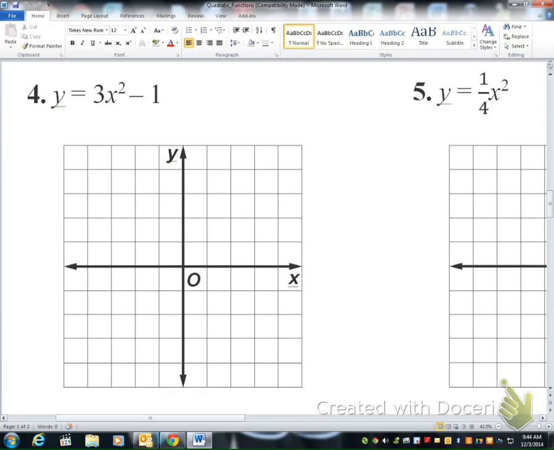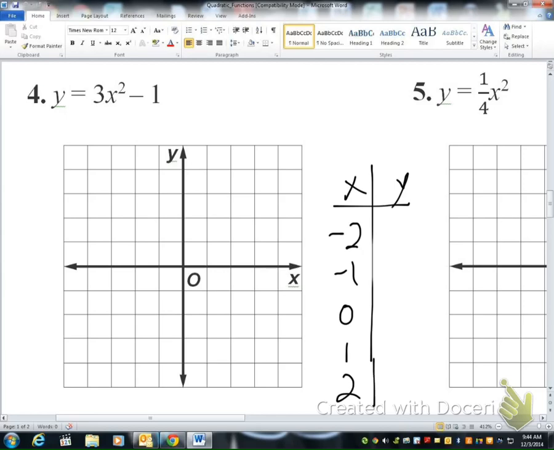Okay, guys, for this one, same exact thing. Again, I'm going to pick -2, -1, 0, 1, and 2. Plugging in, if I replace x with -2, so I get 3 times -2 squared minus 1.